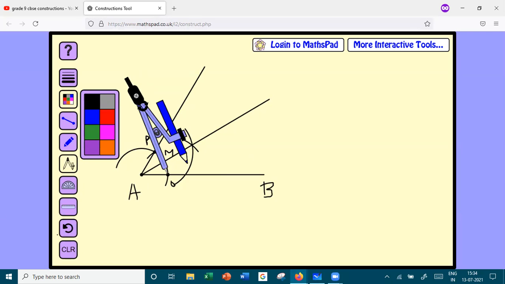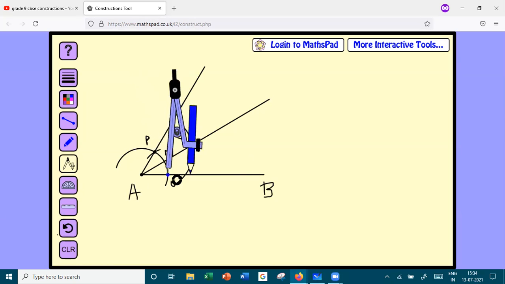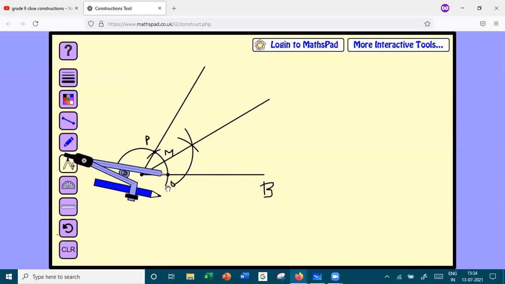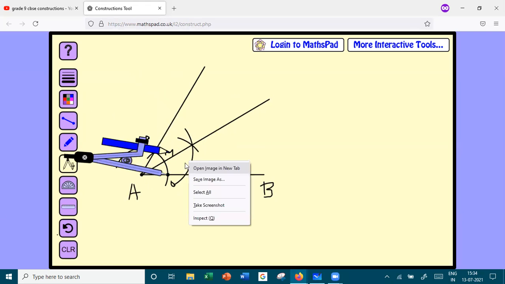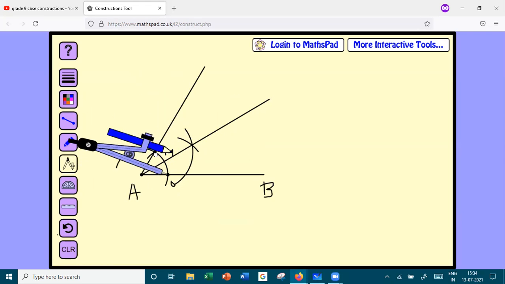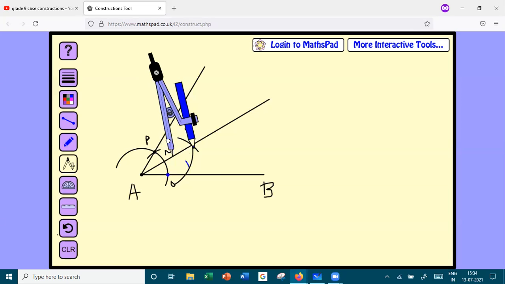I'm changing the color to blue. We have to make 15 degrees right now. Yes, 15 degrees. Now put the pointed end on M with the same radius, right?